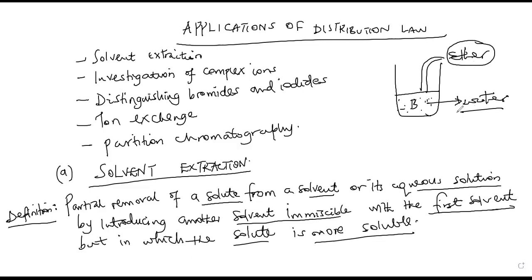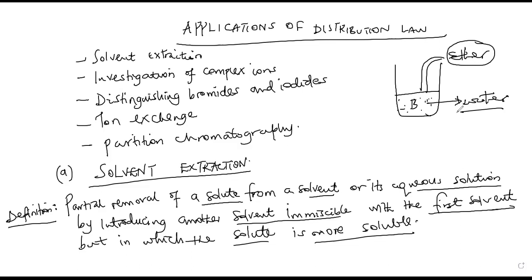So we may not use it that way. Basically that is solvent extraction. This process is normally applied in the purification of organic compounds which are present in aqueous solutions with ionic impurities. The substances are extracted with organic solvents such as carbon tetrachloride, ether, or benzene.